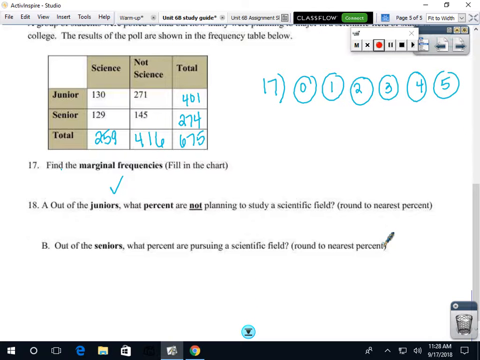Number 18. Out of the juniors, what percent are not planning to study a scientific field? Okay, Ty, what did you do first? Okay, because that's how many juniors are not doing science, 271, right? Divided by what?